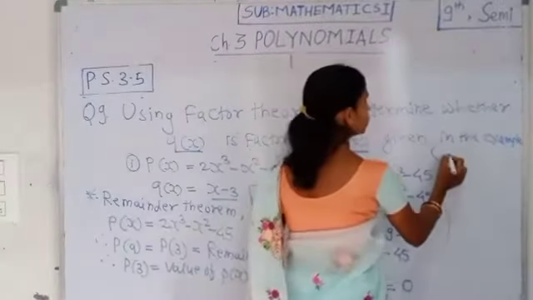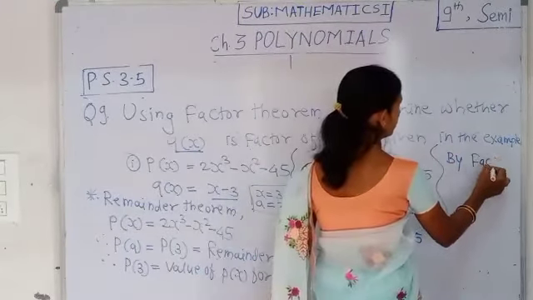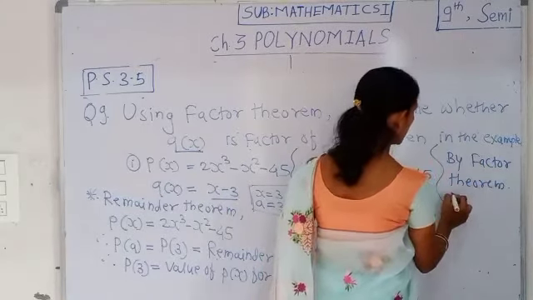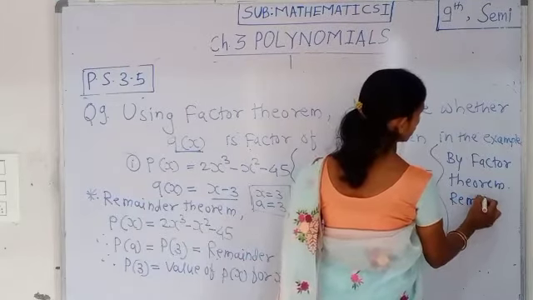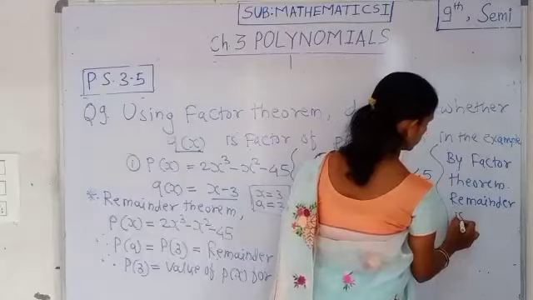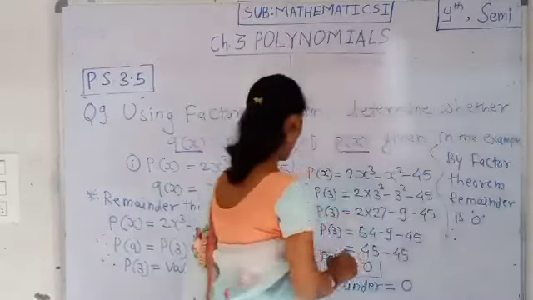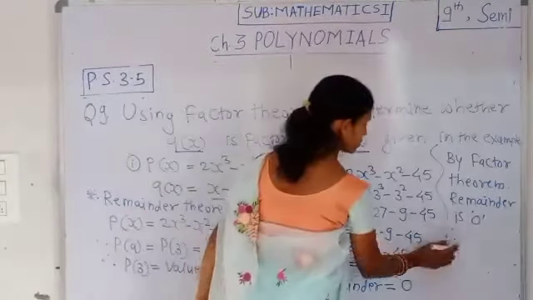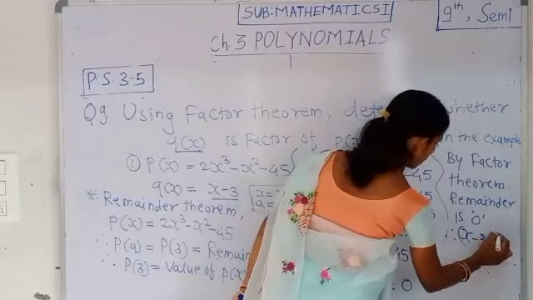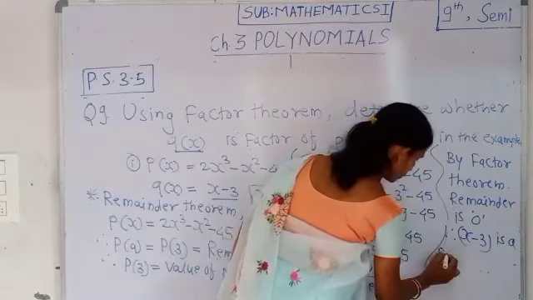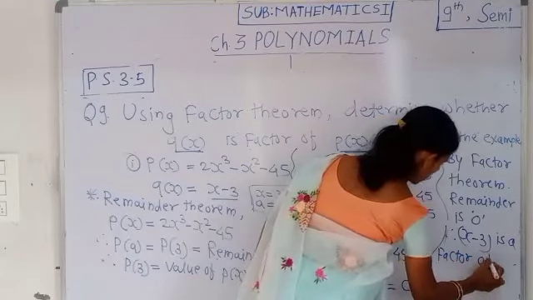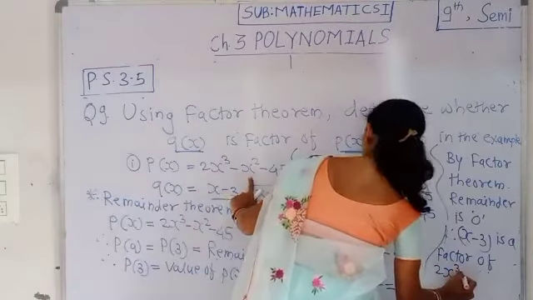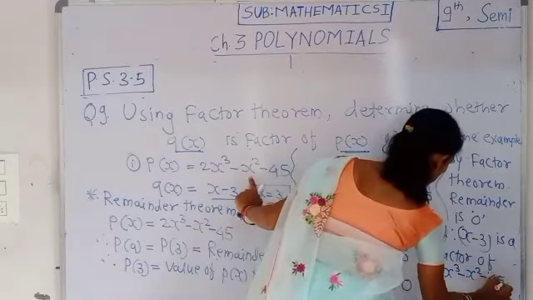And according to the factor theorem, if the remainder is 0, therefore the divisor, that is q(x), x minus 3, is a factor of that polynomial, that is 2x cube minus x square minus 45.